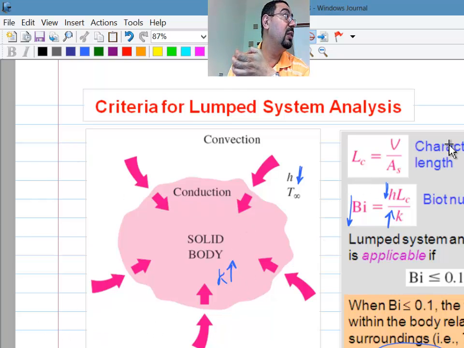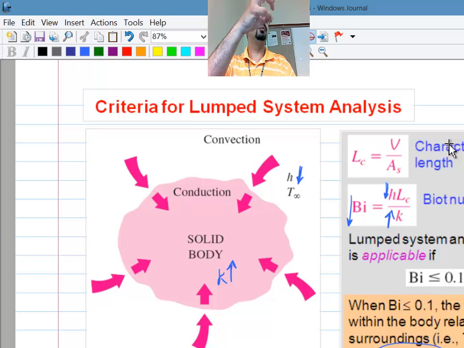So you get the length scale by dividing the volume of the piece of meat, or the volume of the tomato that we are going to solve today, or the baby milk bottle, by the surface area of that baby bottle. And if that length scale multiplied by h divided by k is less than 0.1, then you would say the milk will warm up basically as if it's at one temperature.